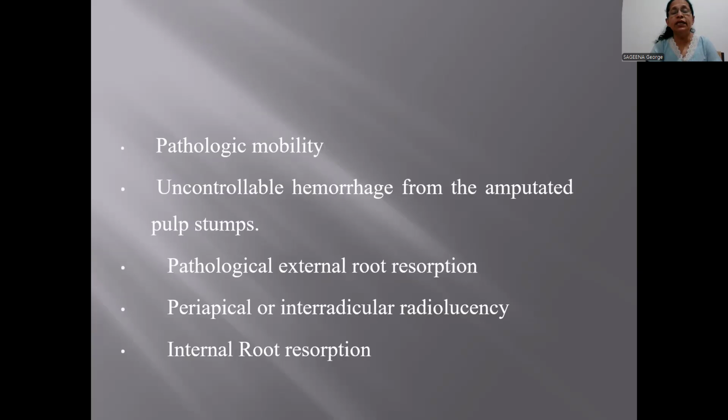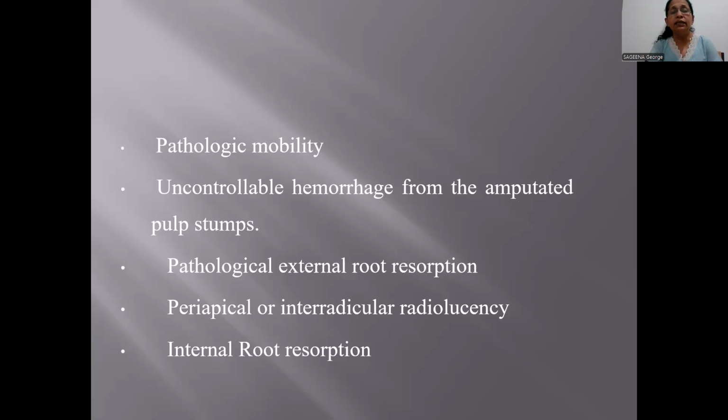And radiographically, if there are signs of external root resorption or internal root resorption or periapical or interradicular radiolucency, all these suggest irreversible damage, and hence they are not indications for pulpotomy.